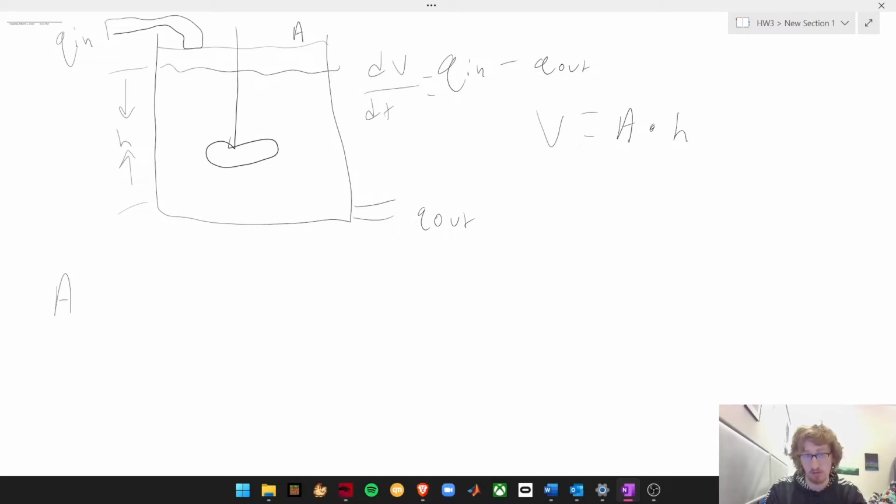Since our cross-sectional area of the tank is constant and our height isn't, I'll call it AC, just so we know what that's referring to, is going to be equal to the cross-sectional area times the first derivative of height with respect to time.